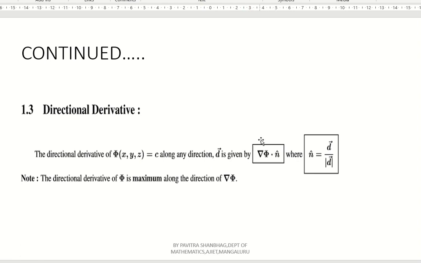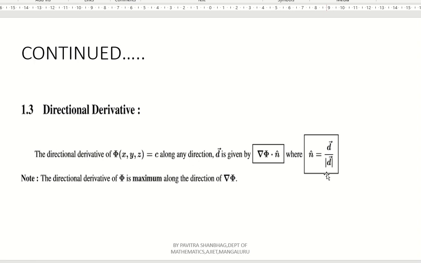Del phi is nothing but gradient phi, n cap is nothing but the unit vector. How to find the unit vector? Given vector by modulus of that vector. So here the given direction is vector d. Vector d by magnitude of vector d gives us n cap, that is n cap equal to vector d by magnitude of vector d.